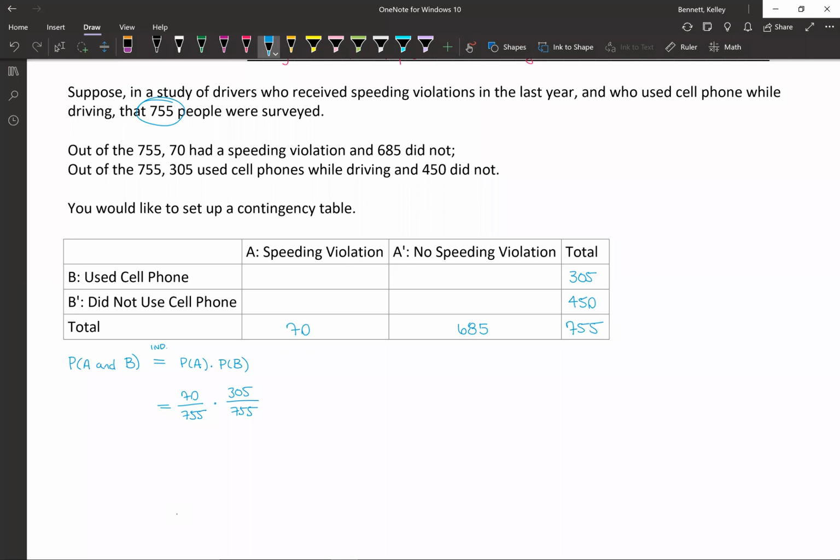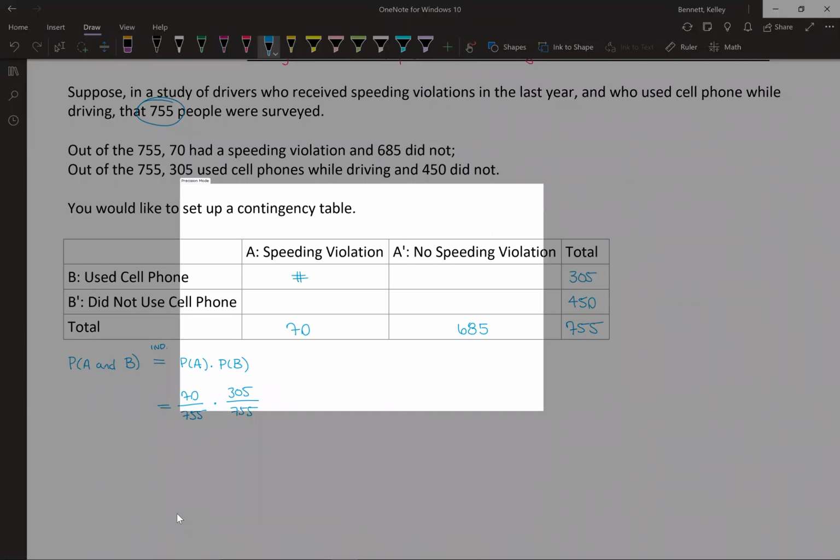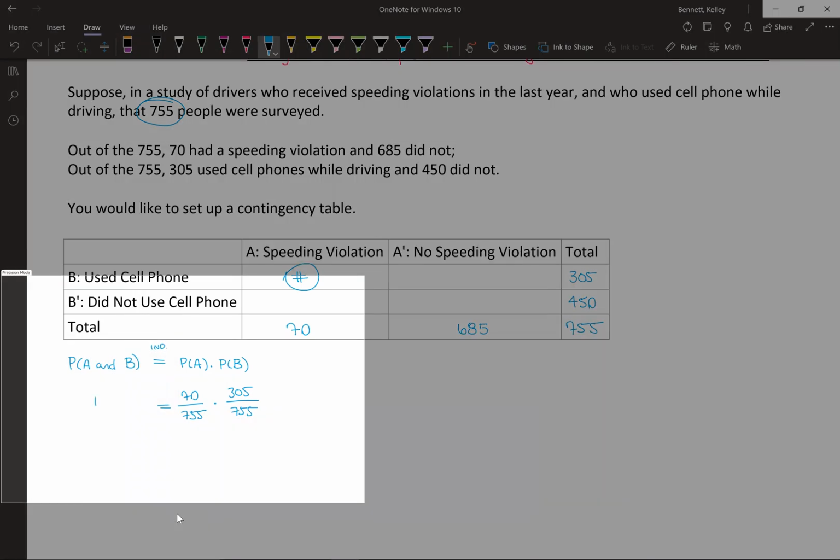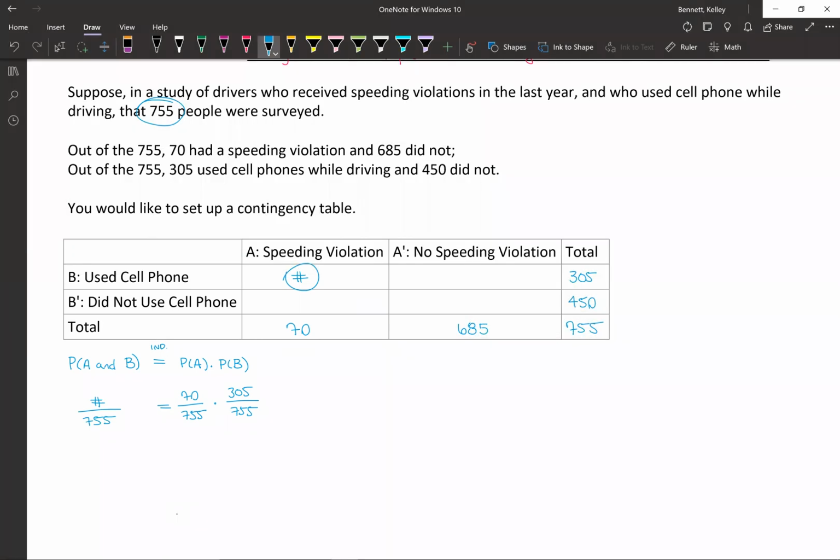And the probability for A and B is going to be some number here, unknown presently, out of 755. So I can actually solve this. I'm going to multiply each side by 755.